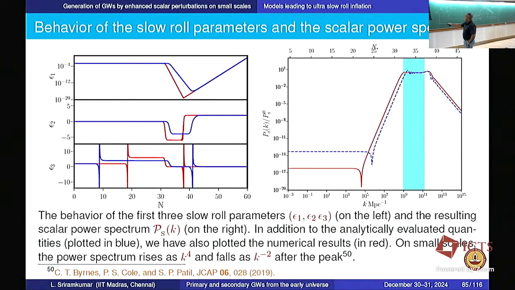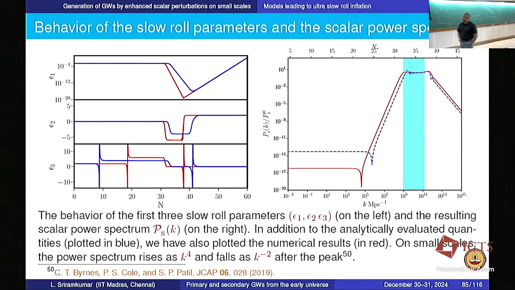This was shown, as I mentioned, in this paper by Byrnes, Cole, and Patil. You can show this rises like k power 4. There is a peak in this particular model, and it falls like k power -2.